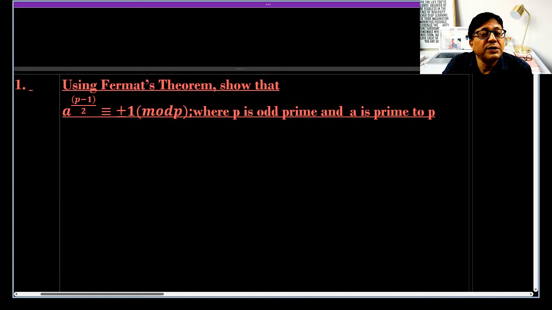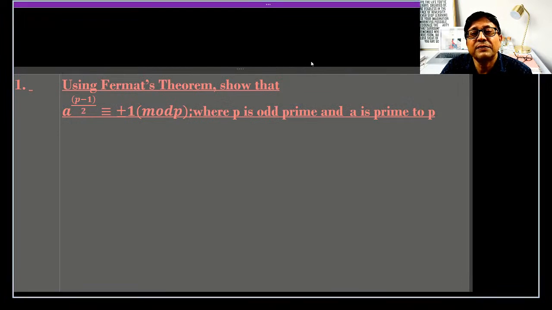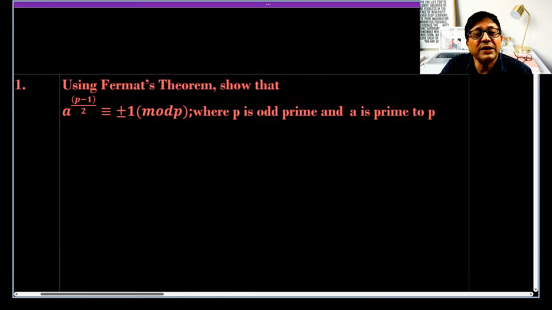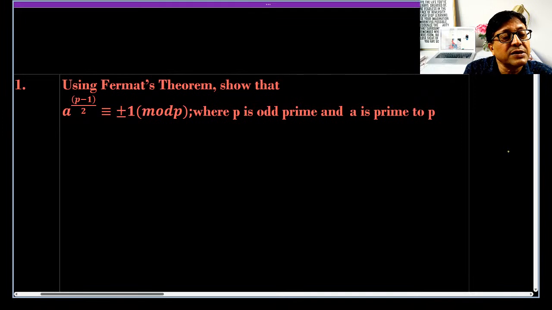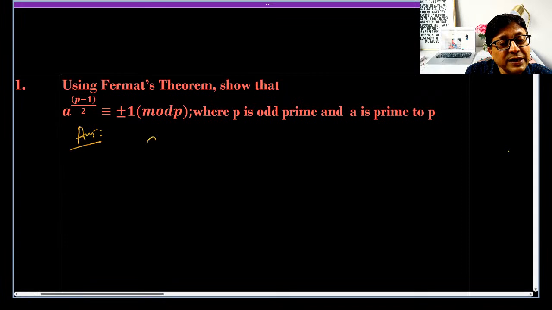So let us start with this kind of problem: using Fermat's theorem, show that a to the power (p minus 1)/2 is congruent with plus or minus 1 mod p, where p is an odd prime and a is prime to p. Definitely I will tell you once what Fermat's theorem is.